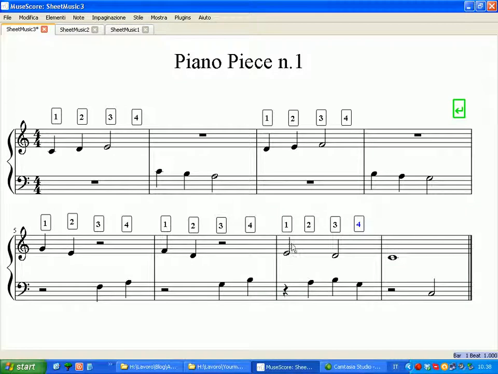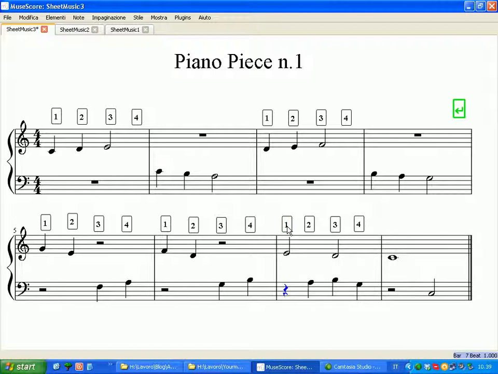In fact, you can see that there is a perfect correspondence between the beats that we wrote for the right hand and the beats of the left hand staff. Let's try this. We have, first of all, a quarter note rest.